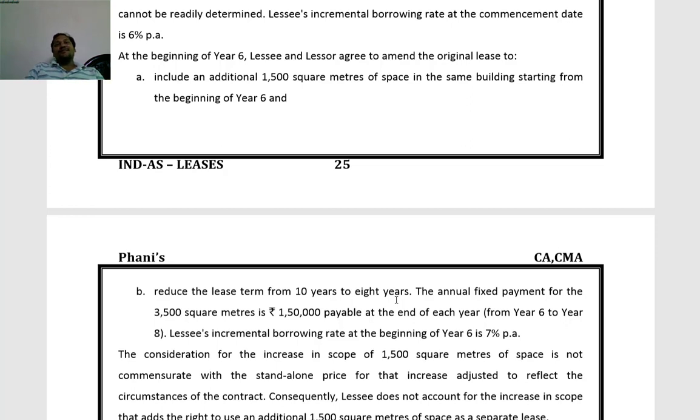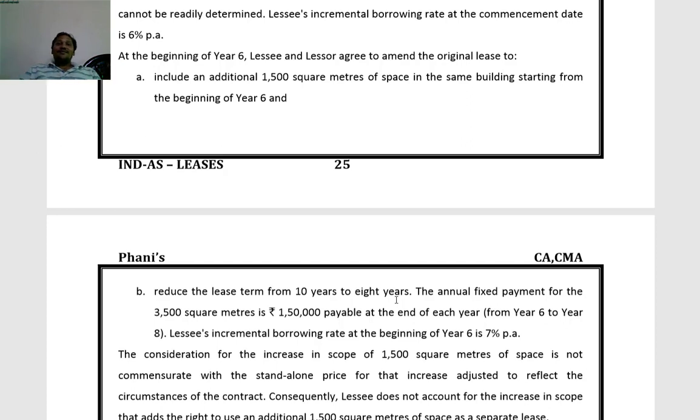If it is from 2000 square meters and we are reducing to 1500 square meters, that is, we are reducing 500 square meters, that is a decrease in scope, which we will measure as a percentage. That is a decrease of 500 square meters, that is 25% decrease. Then lease liability and ROU asset will be decreasing proportionately by 25%.